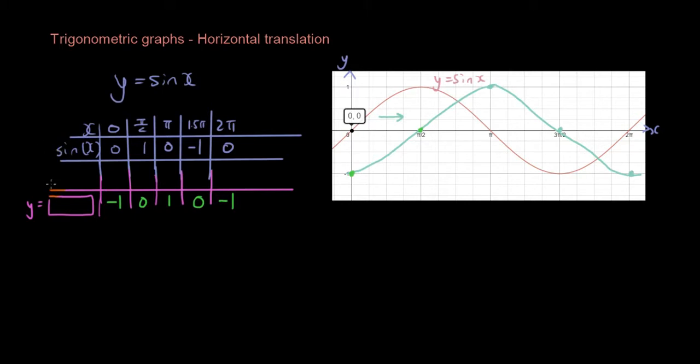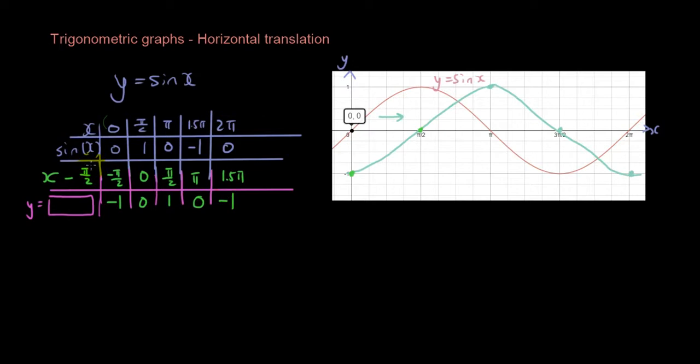If I write down x minus pi over 2, then 0 would be 0 minus pi over 2, which is negative pi over 2. Pi over 2 minus pi over 2 is 0. Pi minus pi over 2 is pi over 2. 1.5 pi minus pi over 2 is pi. 2 pi minus pi over 2 is 1.5 pi.